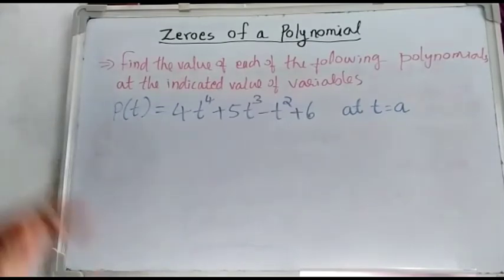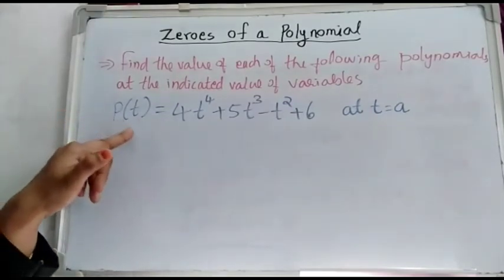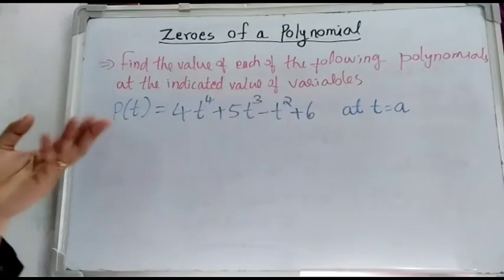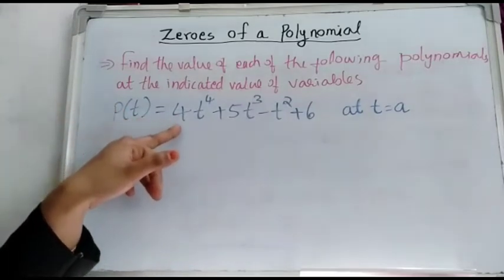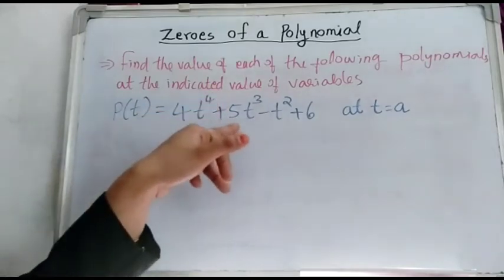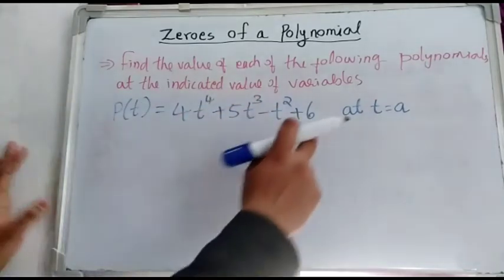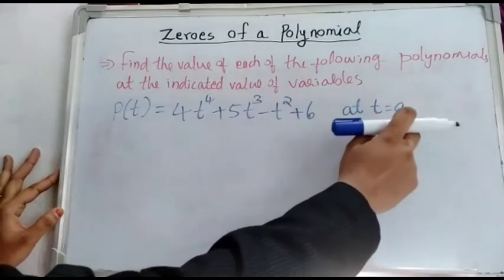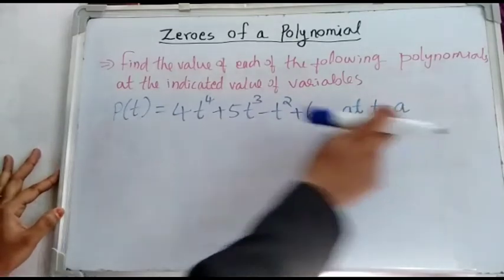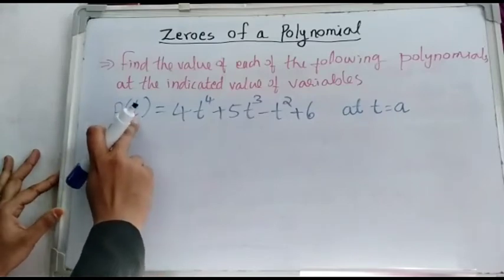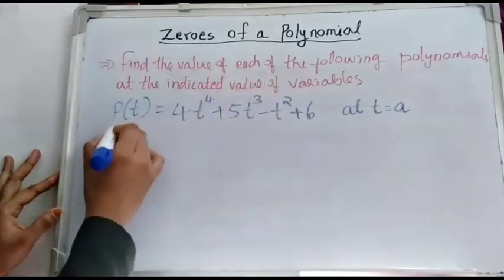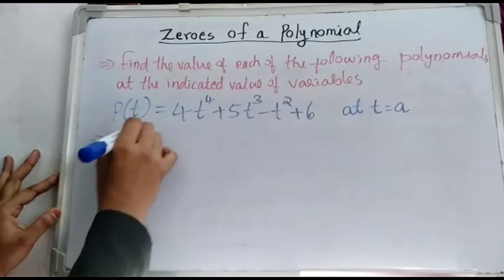Dear children, another question. P of t. We can use any variable. P of t is equal to 4 t raised to 4 plus 5 t cube minus t square plus 6 at t is equal to a. That means put t is equal to a in the polynomial. Replace t by a. So, which implies p of a.